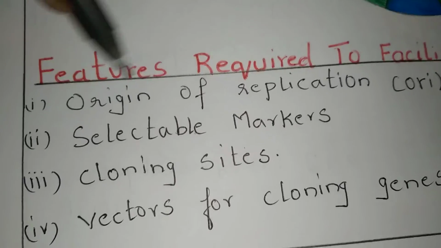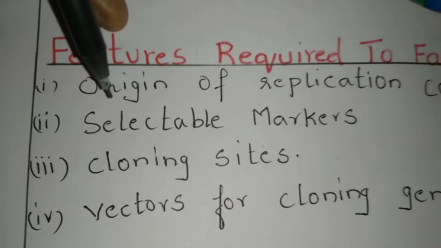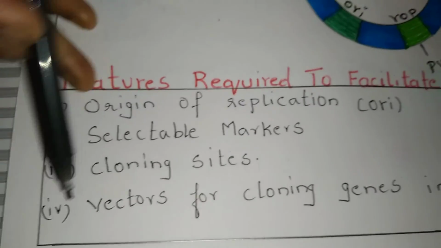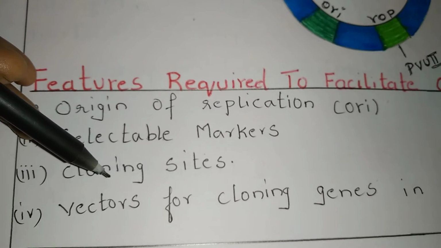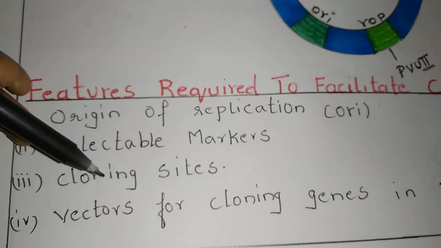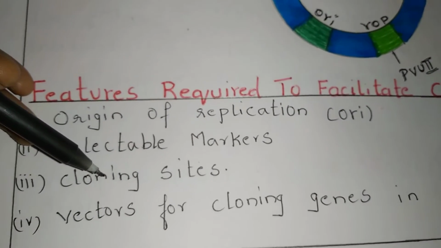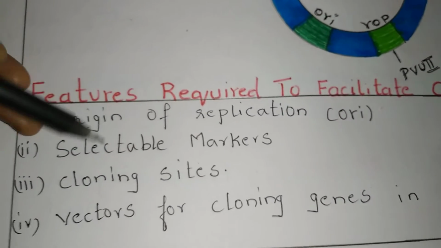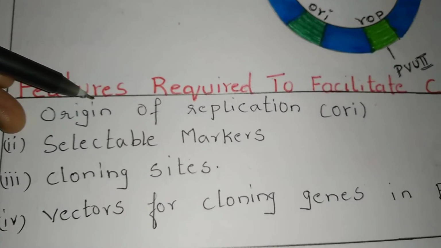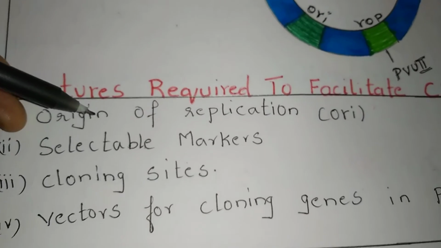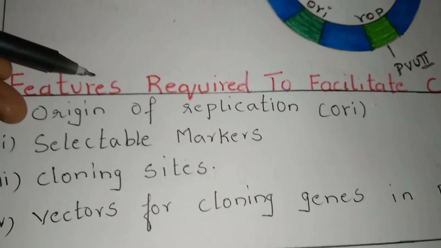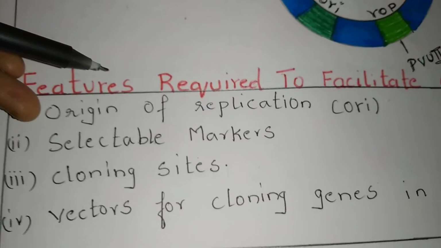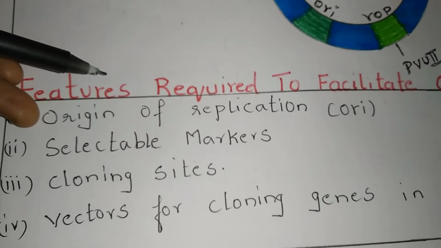It should have an origin of replication, selectable markers, and cloning sites, and it should be usable for cloning genes in plants and animals. If these features are present in any vector, then it can be used for cloning. And as I told you already, cloning is nothing but production of multiple copies of the required or desired gene.